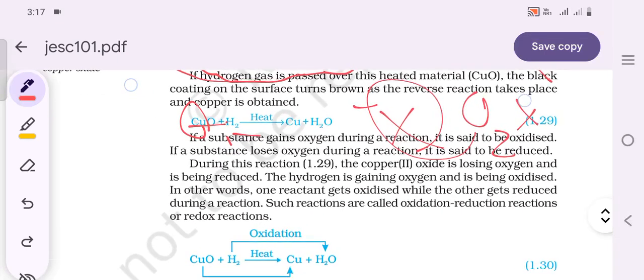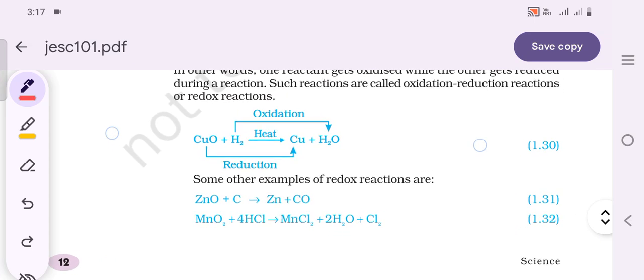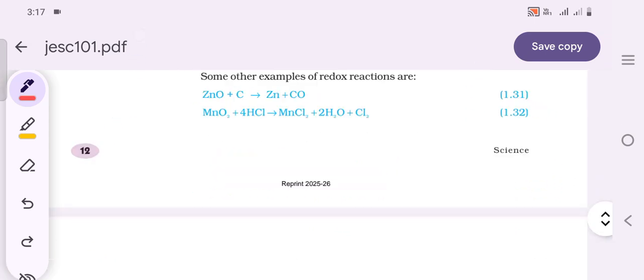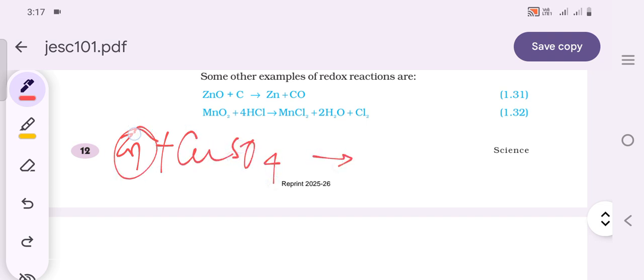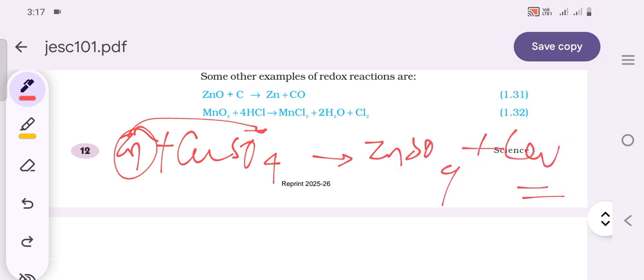Displacement reaction also we can say here, for example, zinc plus CuSO4. Here zinc reacts, it is gaining oxygen and losing. So we can say it is being oxidized and the other is being reduced.